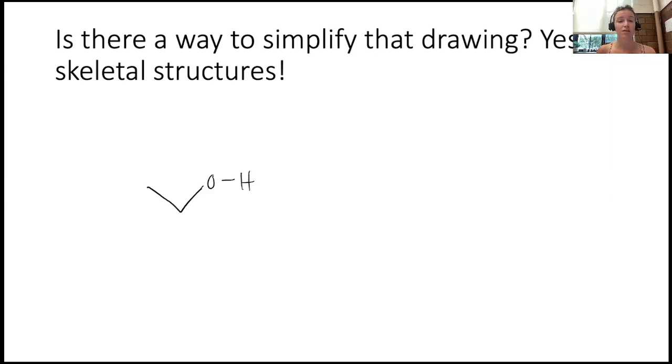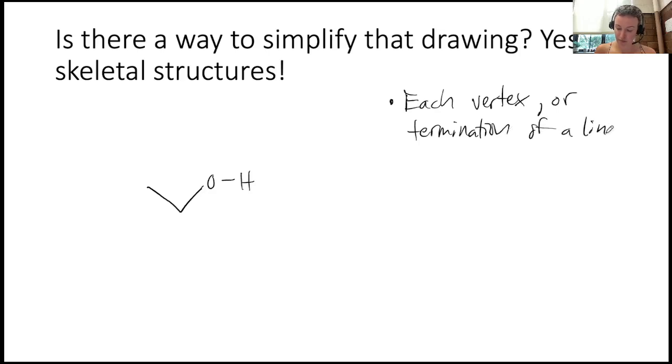And so in a skeletal structure, this is what ethanol looks like. In a skeletal structure, each vertex, so each point like this, or each terminus of a line like this, represents a carbon.